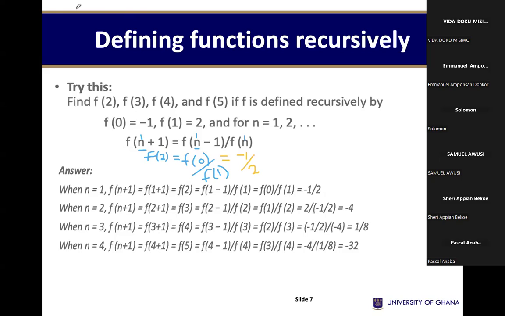For instance, f of 3, the answer that you got, you have to replace it here. That's what we are saying. Recursive is a matter of calling an object itself a number of times. So you are calling the previous one to get the current one, and when you are at the current one, you need to use the current one to get the next one.